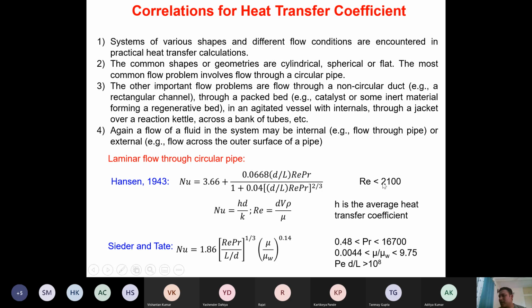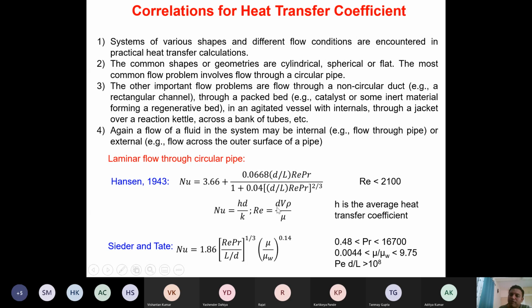This is valid for laminar flow, so the Reynolds number should be less than 2100. For pipe flow, the critical Reynolds number is 2100, beyond which there is a transition zone, and beyond 10,000 there is a turbulent zone, isn't it? Here the Nusselt number is defined in terms of the diameter, which is why it is given as hD by k.